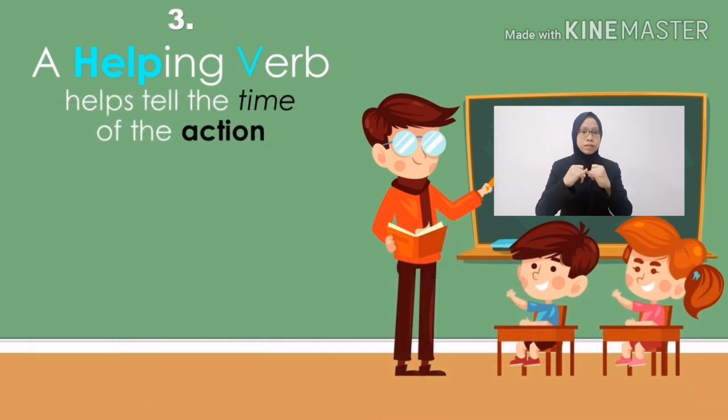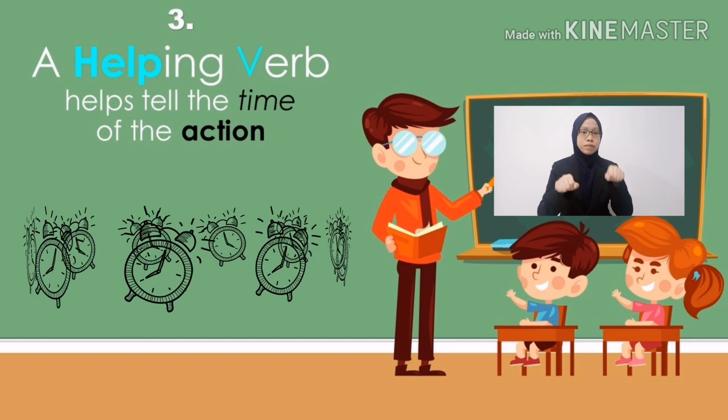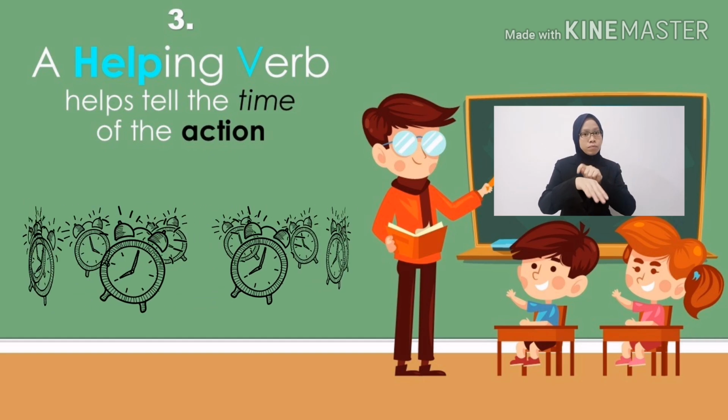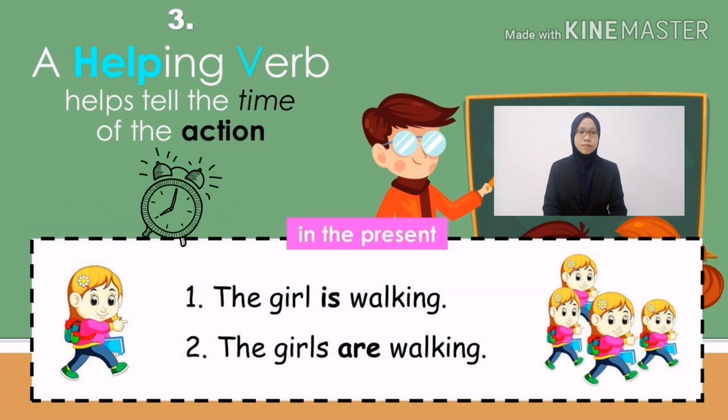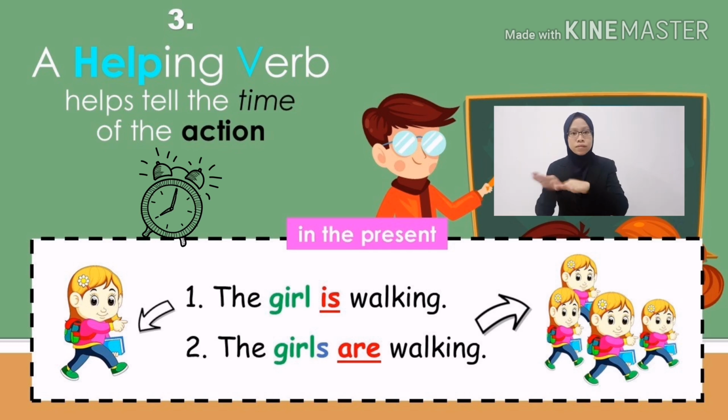The last basic characteristic of helping verbs is it helps tell the time of the action. The girl is walking. The girls are walking. Is and are tell the action is happening now.